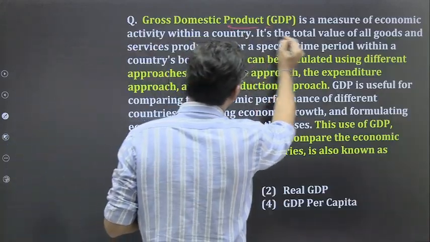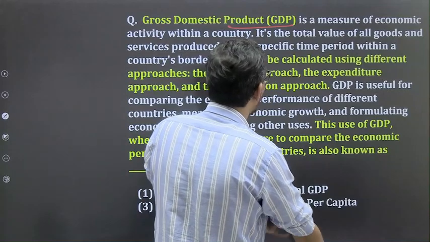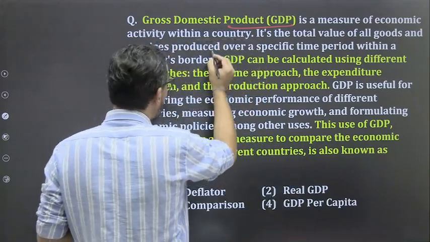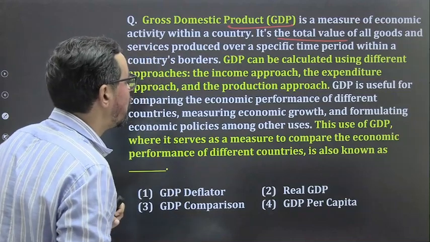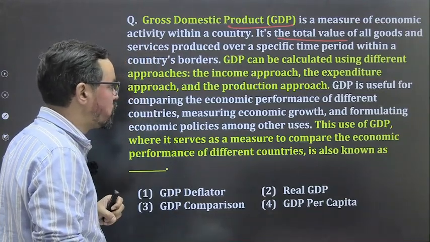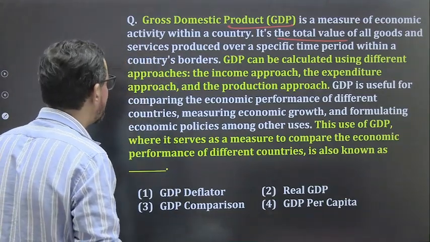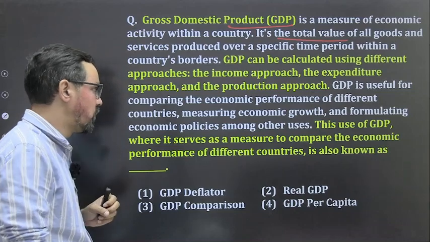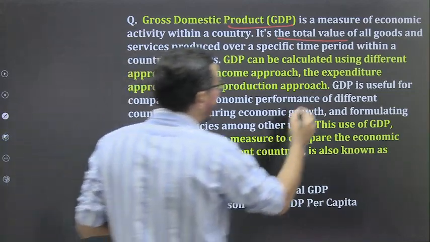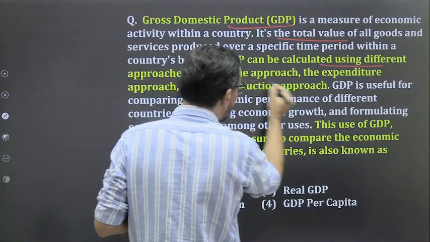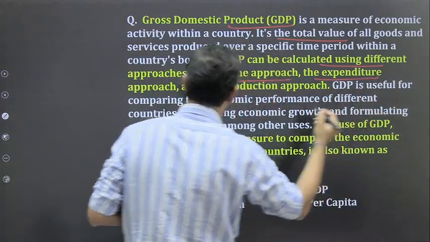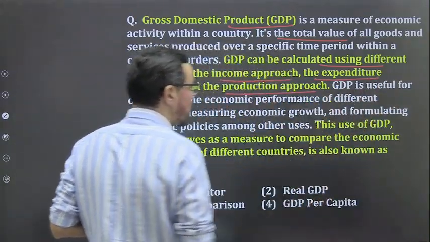GDP, gross domestic product, is a measure of economic activity within a country. It is the total value of all goods and services produced over a specific time period within a country's border or geographical areas. So GDP can be calculated using different approaches, like we have income approach, expenditure approach, and production approach.